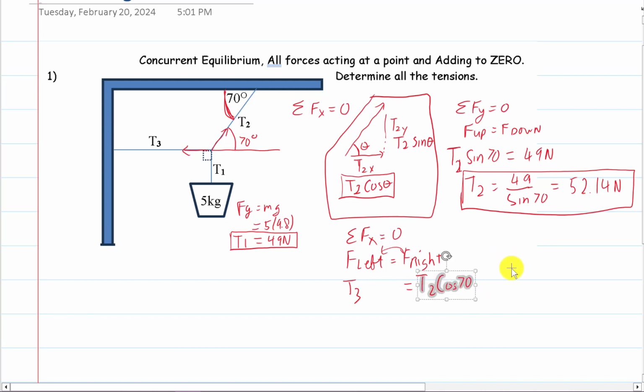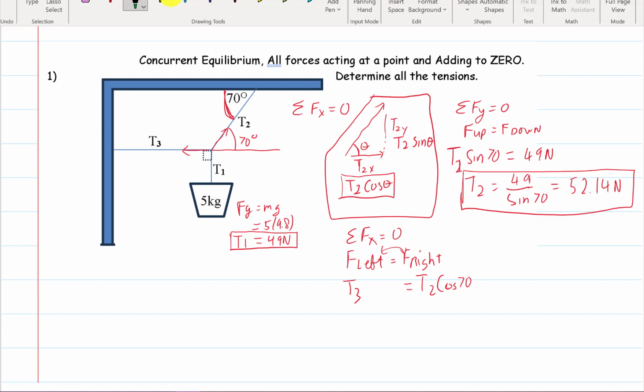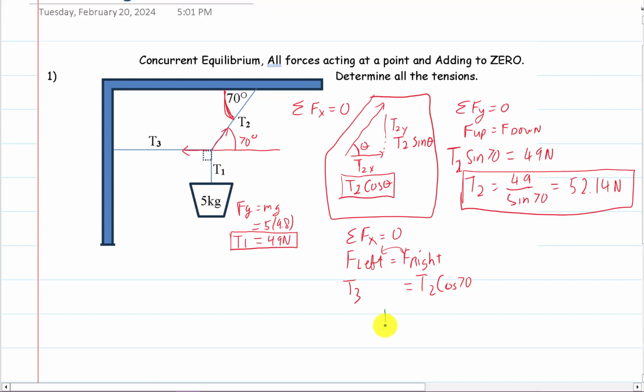So T3 is then going to become 17.83 newtons. If you plug the T2 into there, 52 times the cosine of 70, you get 17. So we got all of the forces.